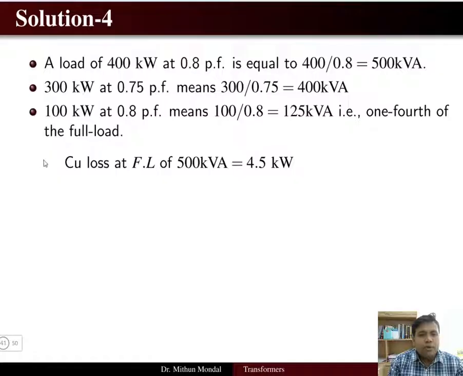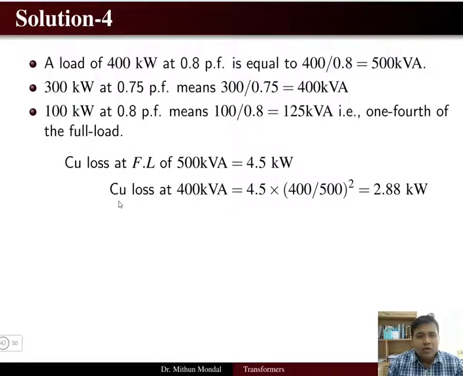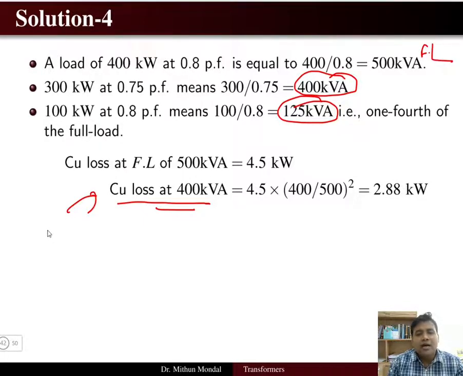So what is the copper loss at full load condition for a 500 kVA? This is the full load condition, so it will remain the same as whichever is given in the data in the question, 4.5 kilowatt, and copper loss at different loading conditions. So here you have 400 kVA, 125 kVA, and this is your full load. Corresponding to that, whatever copper loss you determine at different loading conditions will depend upon the square of the ratio to the full load.